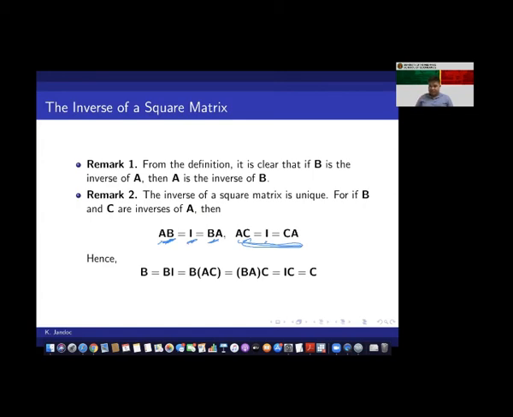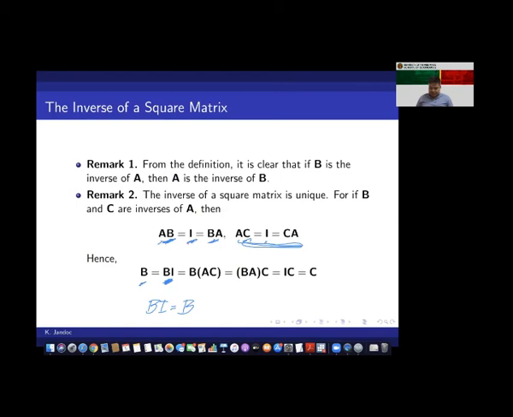In this case, it is, because, for example, we start with B. In this next part, we just post-multiply B by the identity matrix. You know that if you post-multiply or pre-multiply a matrix by the identity matrix, you recover the square matrix itself.